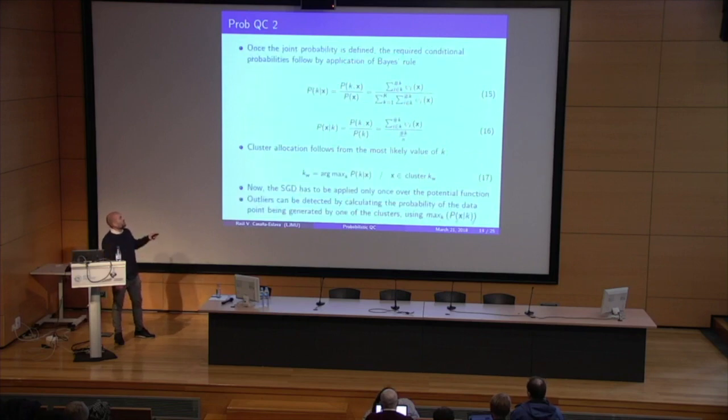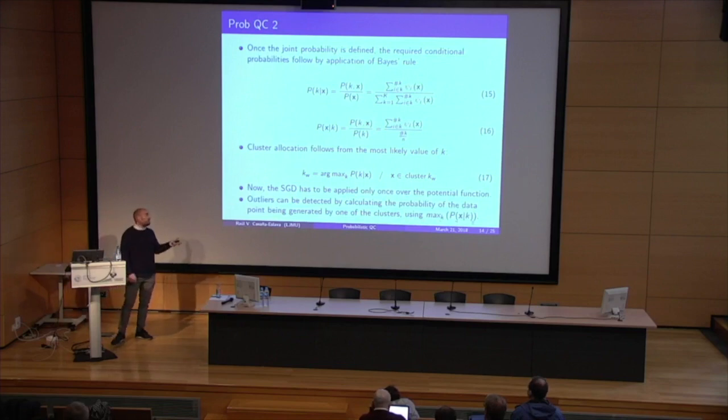Also, we can apply conditional probabilities, for instance the probability of observing the cluster K given X, or the probability of X given K. We can use the probability of K given X to apply the probabilistic cluster allocation: for each observation, we assign the cluster that gives the maximum conditional probability. Once we have that, we can allocate new observations.